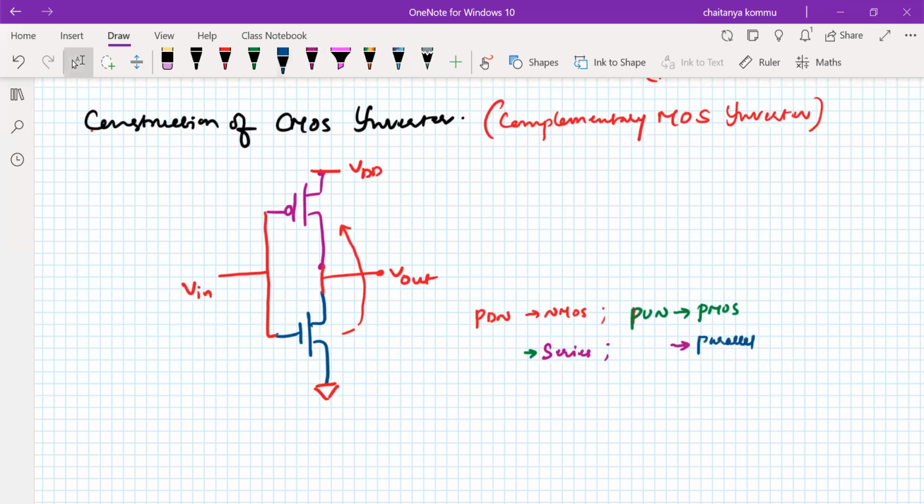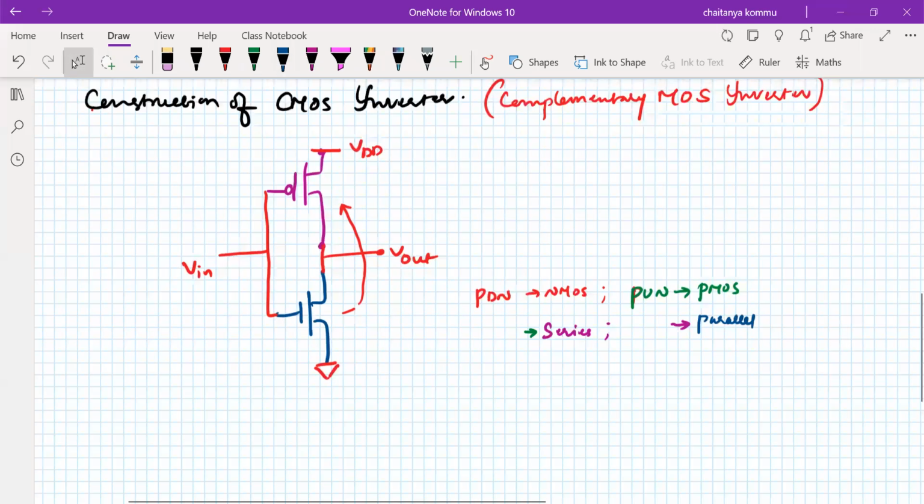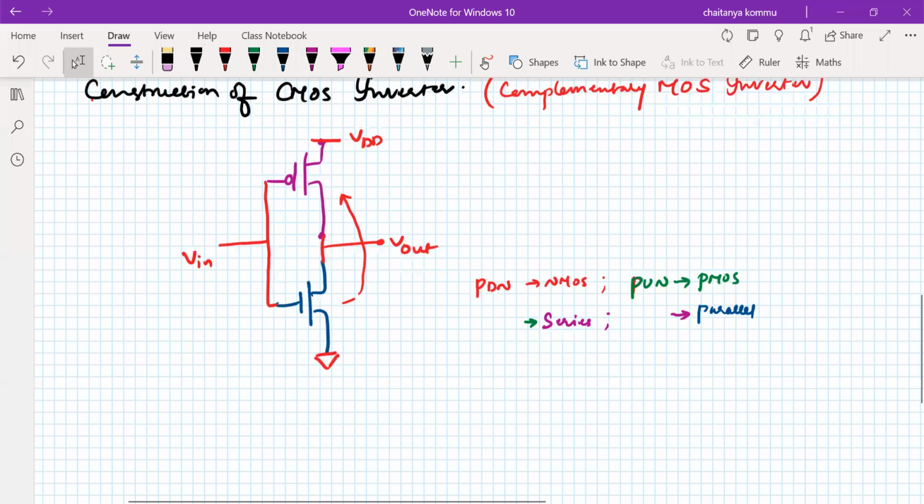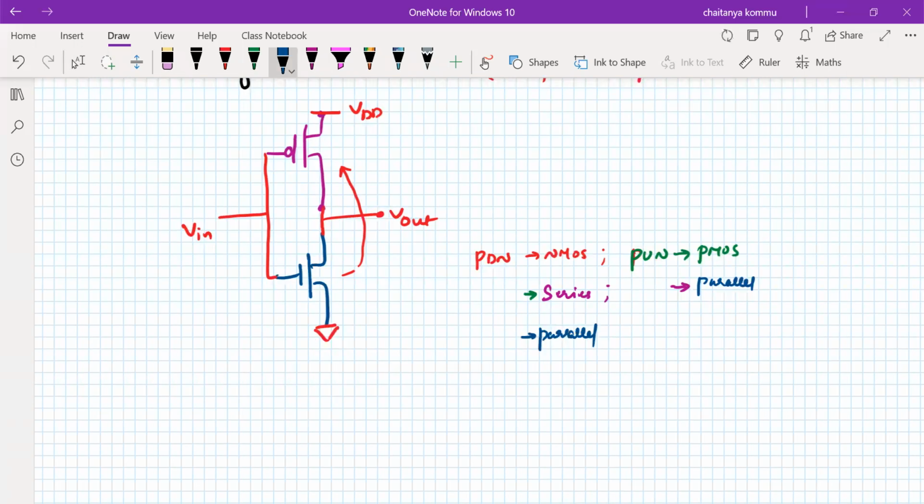Suppose the connection between the transistors in the pull-down network is in parallel, then the pull-up must be in series. Agreed? This is why it is called a complementary MOS structure.